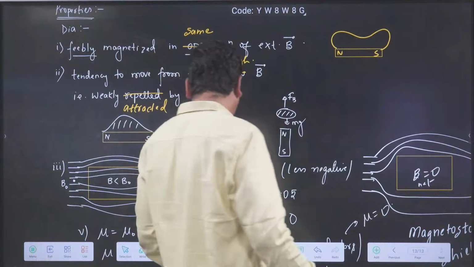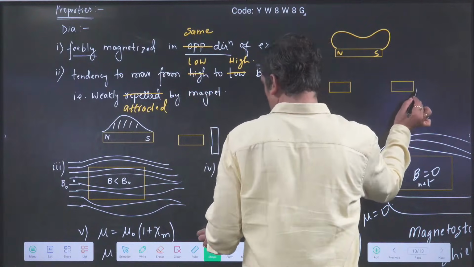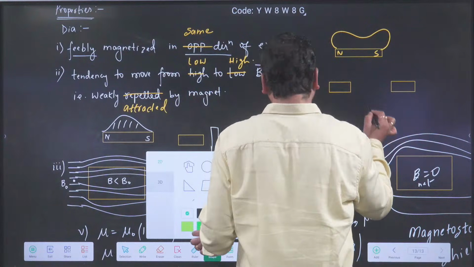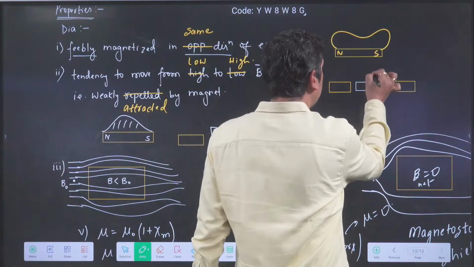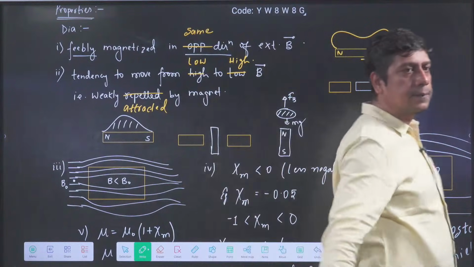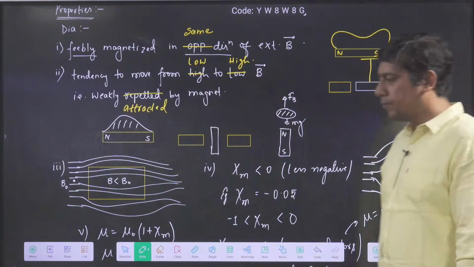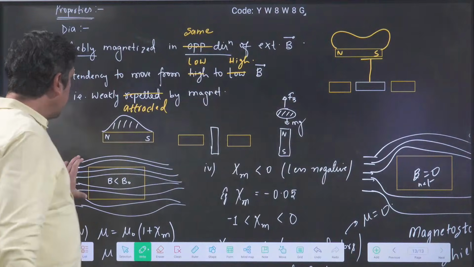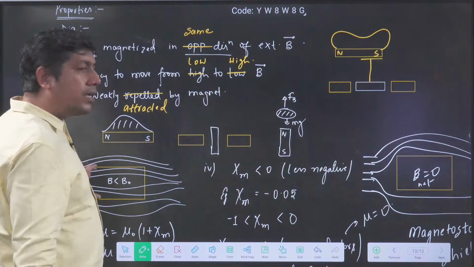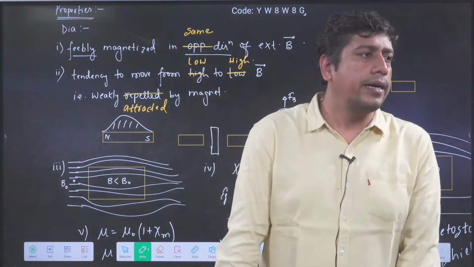If you do this experiment, take two poles, something like this, and hang a paramagnetic material, then it will hang like this. The magnetic field lines will be attracted inside.